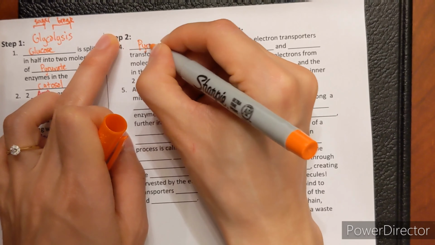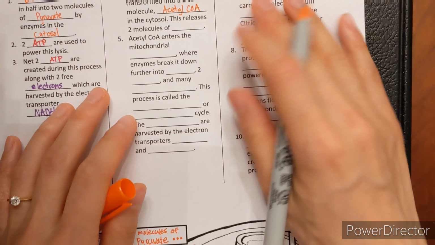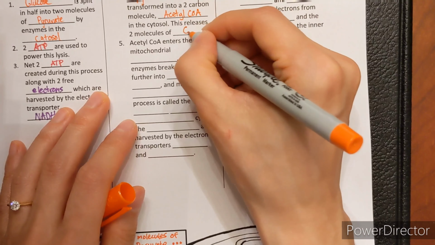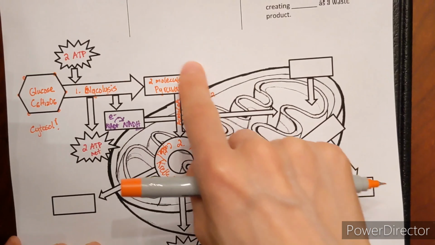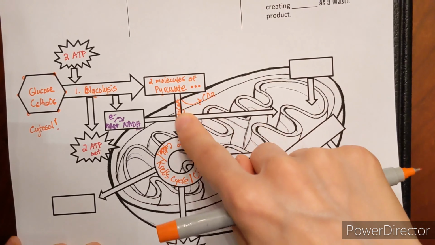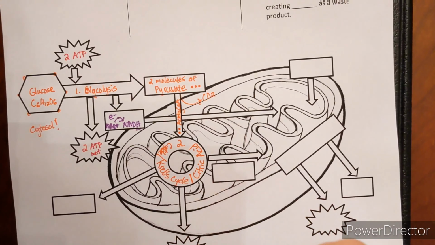Pyruvate is going to be transformed into acetyl-CoA. And this is going to release some carbon dioxide. Basically what I'm doing is using a bunch of enzymes to break down the 6-carbon glucose into a 3-carbon pyruvate and now a 2-carbon acetyl-CoA. I'm breaking down my big molecule.